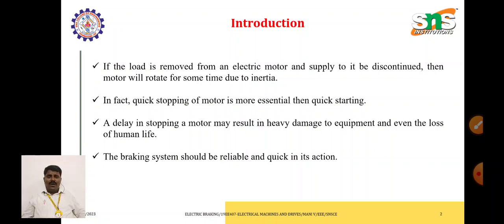So in this kind of industry, braking is more important. In any emergency, we have to apply the brake immediately. With the help of braking, the motor immediately comes to its rest position, just like a disc brake.